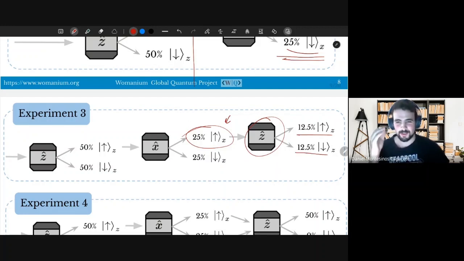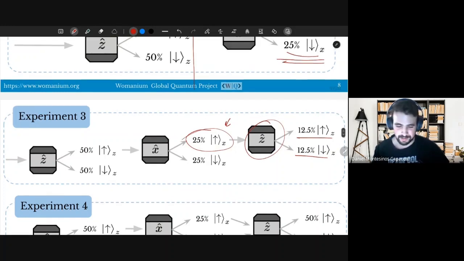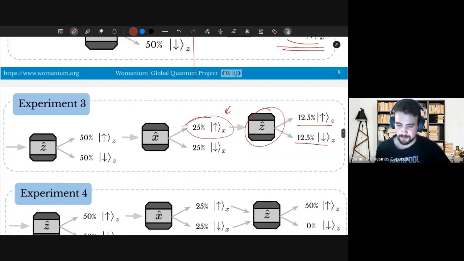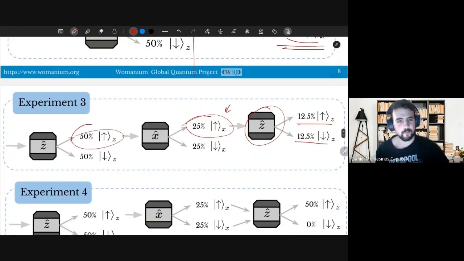And now your brain may be quite out of your mind, right? Since at this point we only took the up state. All this down state, we didn't take it.